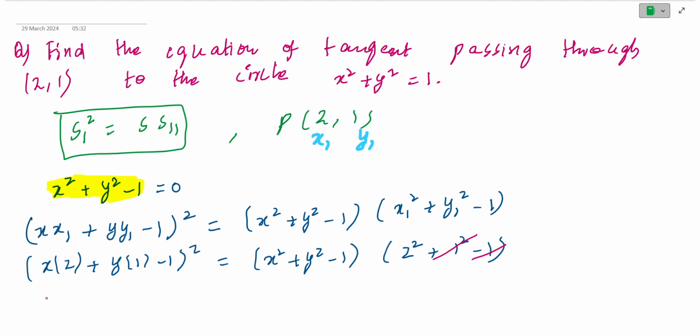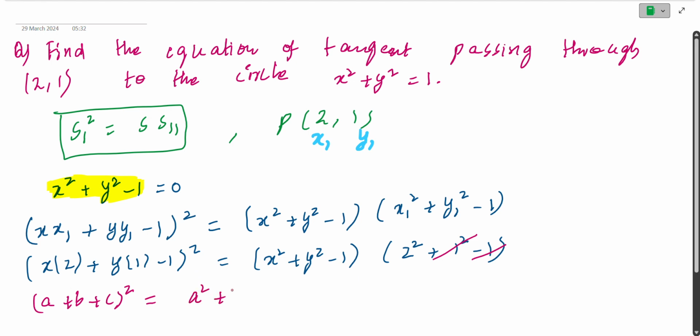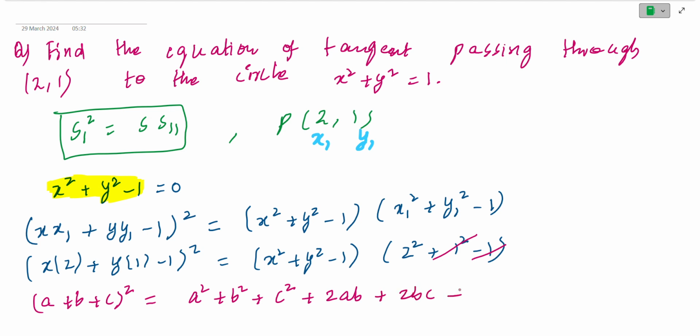So this can be expanded according to the formula: a plus b plus c whole square is equal to a square plus b square plus c square plus 2ab plus 2bc plus 2ca.